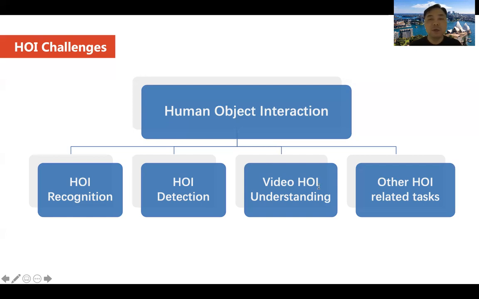For example, some researchers utilize the interaction information for human 3D reconstruction. We pioneered illustrating the possibility of object affordance recognition with an HOI model via affordance transfer learning. The exploration of HOI and other tasks is a promising direction. We think there will be more opportunities in the exploration of HOI and other tasks.